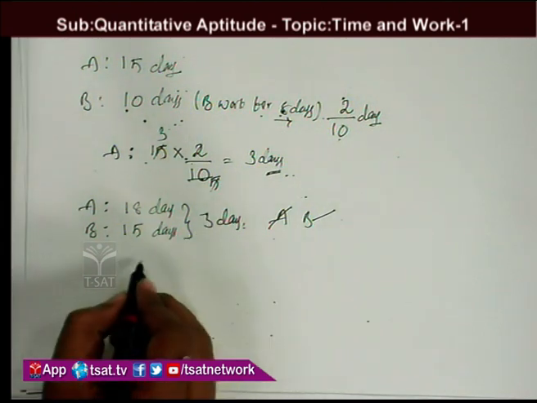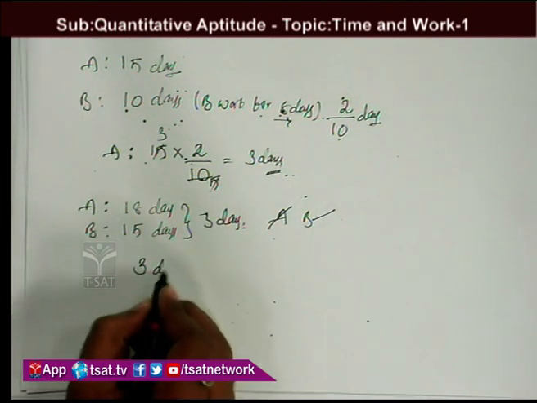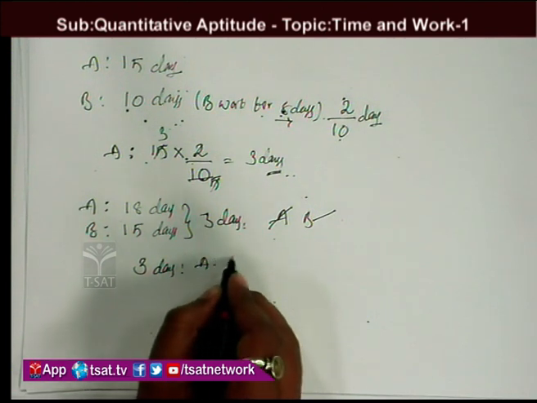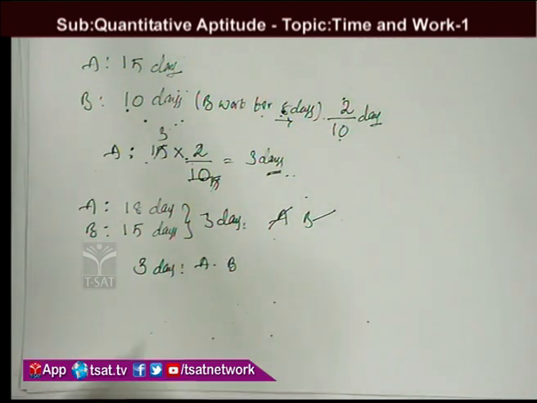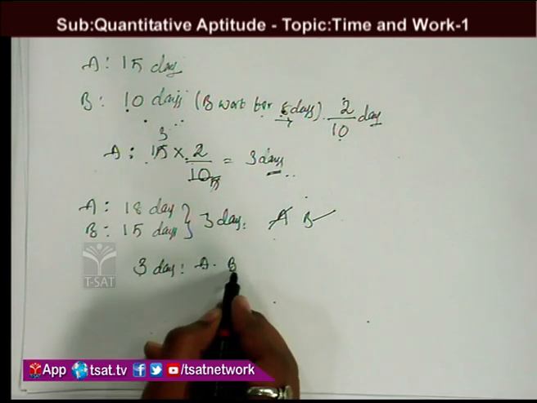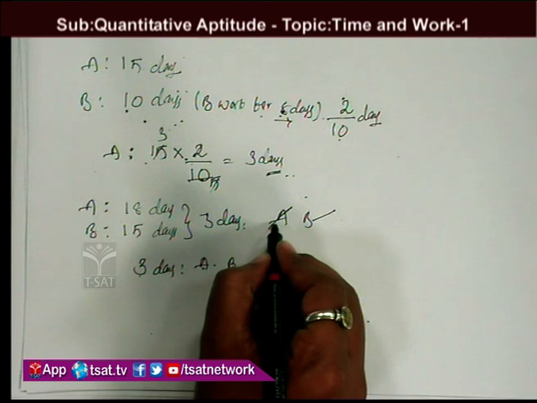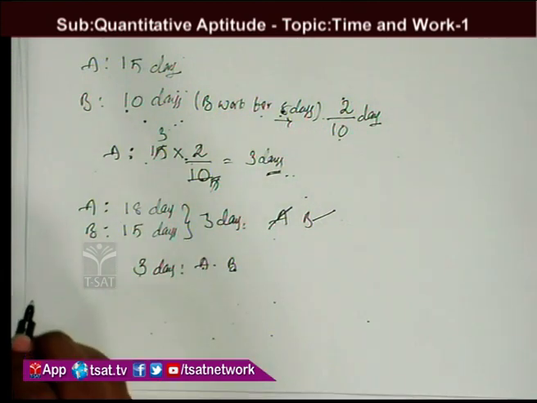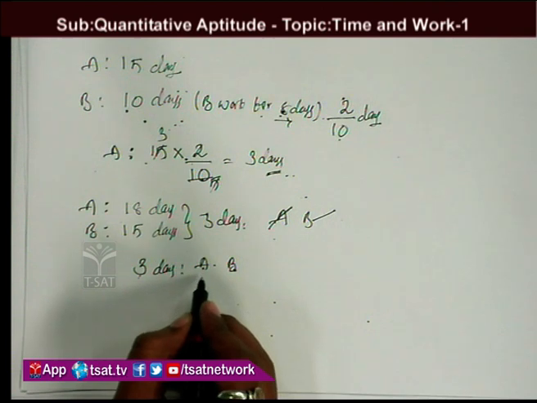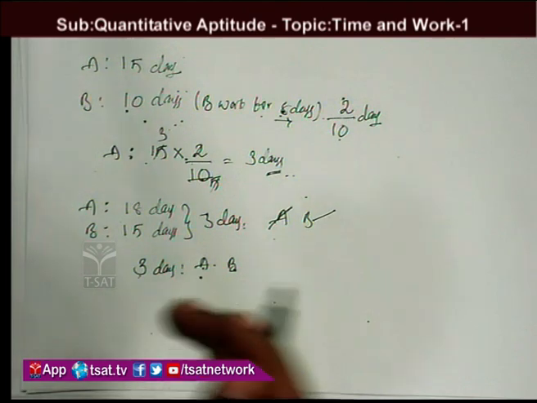What was it? First, you have to observe the 3 days, who is working: A is working and B is working. That means A is working for 3 days, B is also working for 3 days, and A left the job after 3 days. The remaining work will be completed by B only.